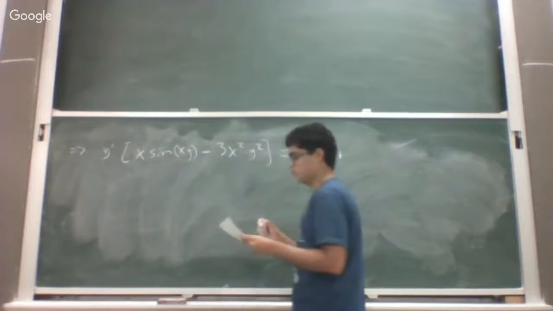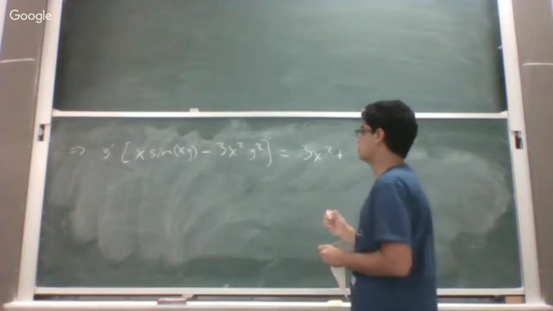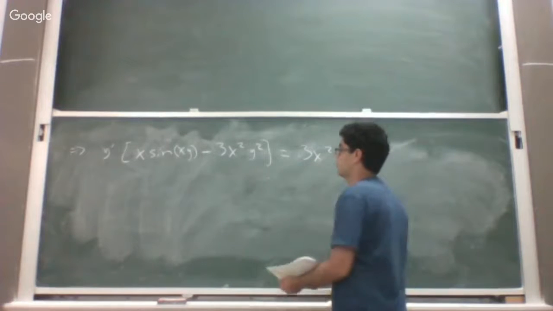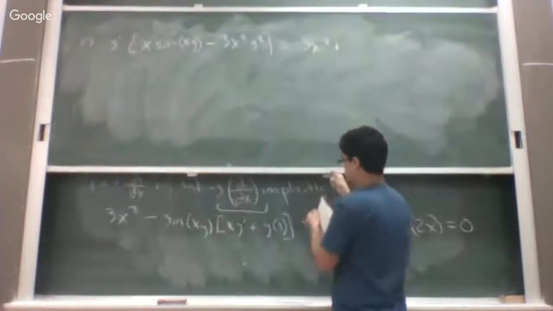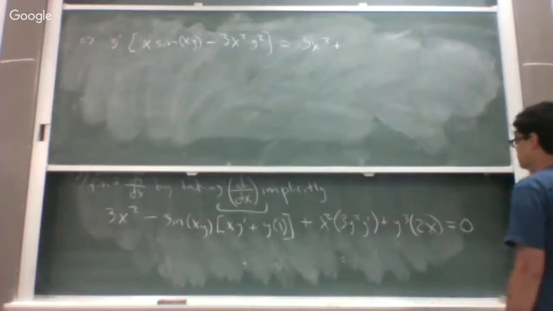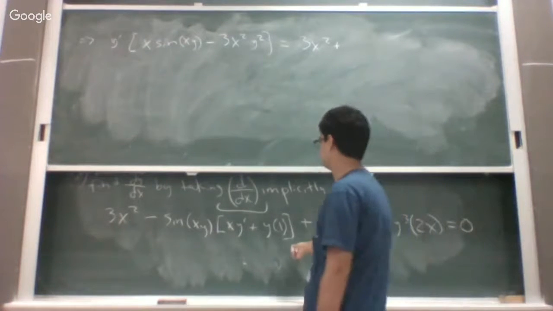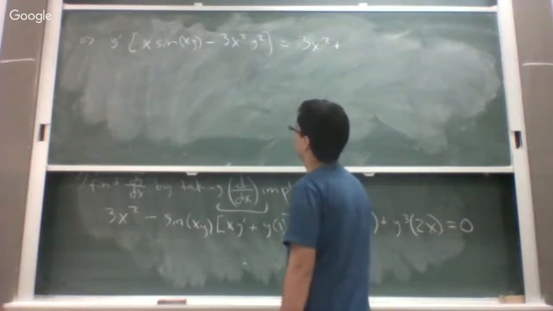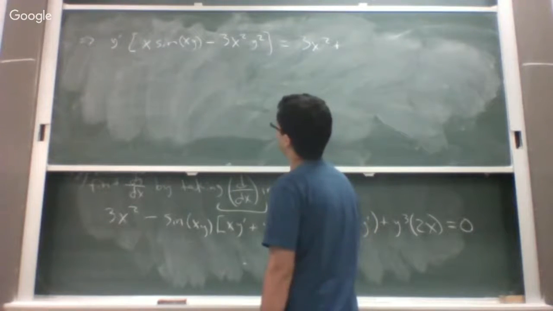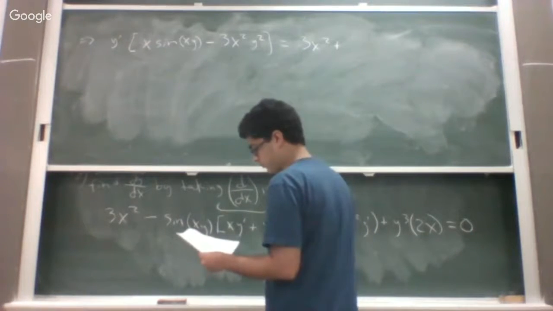Y is what? Minus 3x. Why is that? One should be negative and the other one should be positive, and that should be negative 3x squared on the other side.